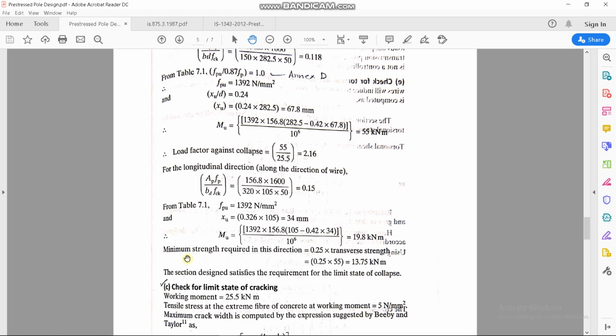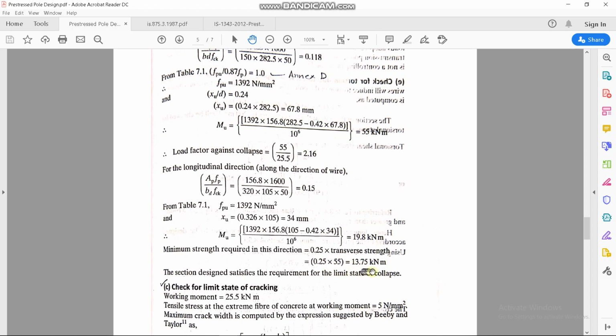Now the minimum strength required in the other direction is given as 0.25, that is 1/4 of the strength in the primary direction. So 0.25 times 55, where 55 is the primary capacity, gives 13.75 in the other direction.